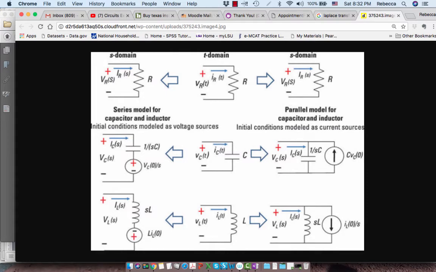When we're in parallel, a capacitor can go to a capacitor and a current source in parallel, the impedance will be 1 over SC, and the current source will be CVC. And here's what the inductor would look like if we change it to being in parallel.